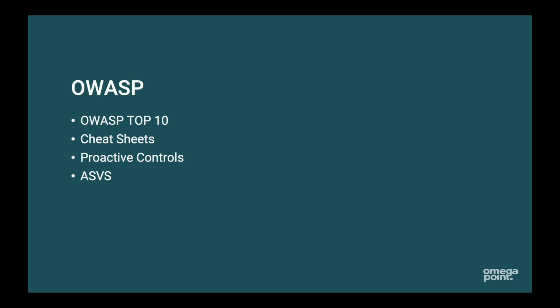And in our experience, the OWASP top 10 list is a very useful reference for many systems, not just web application. Cheat sheets and proactive controls are very actionable and will help us understand how common attacks work and create secure implementations.